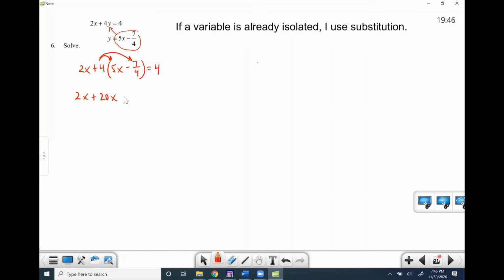The 4's will cancel, so you'll just get a 7. So that's nice right there.